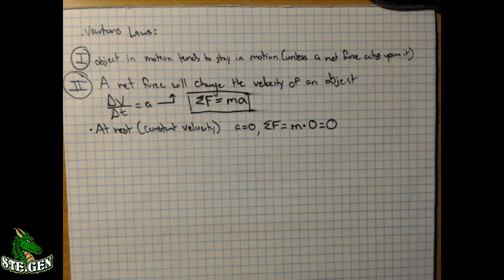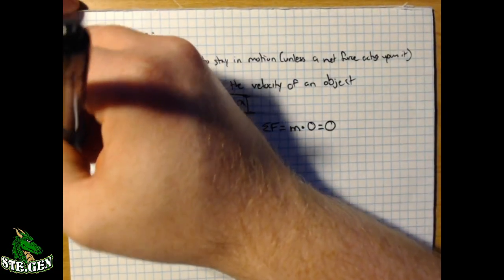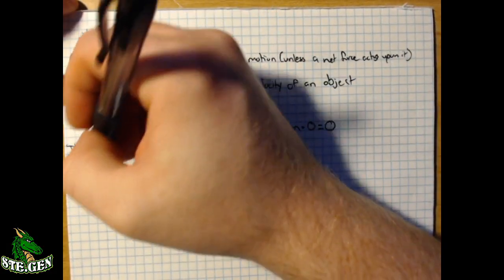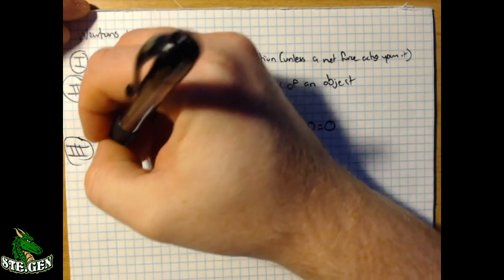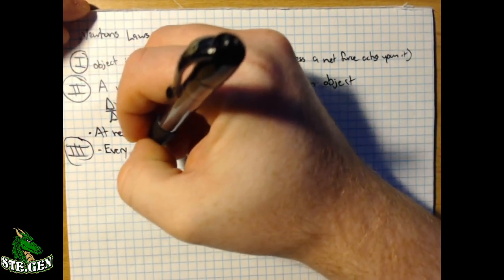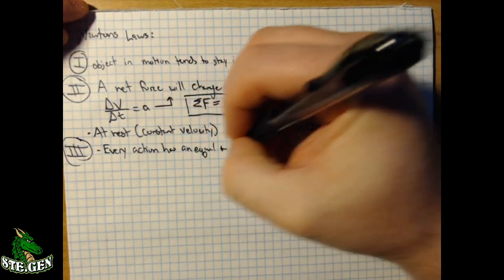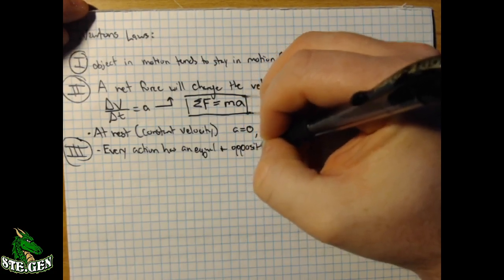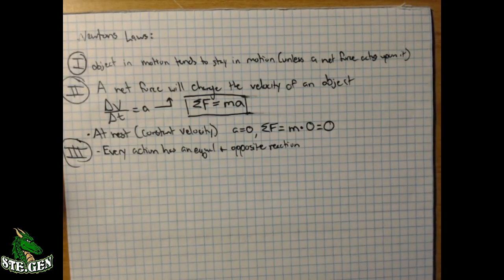Now, the third law is the least direct in what we've been caring about, but it is still really important conceptually. We're going to use the bad language for it, which is every action has an equal and opposite reaction. This is not the most accurate way of representing this idea.